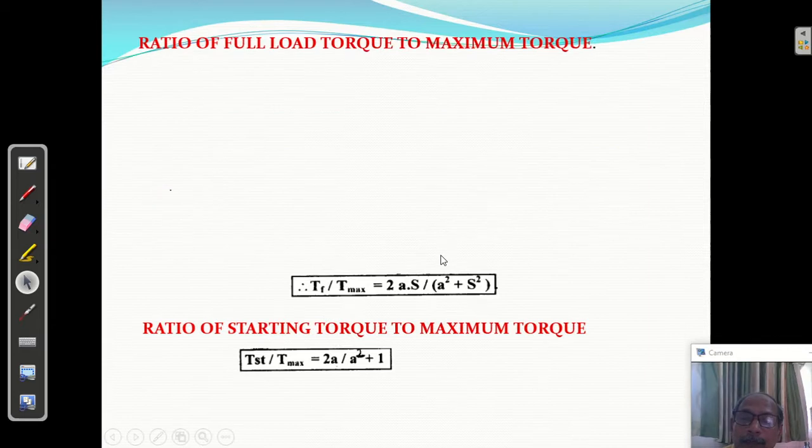So these are the things we have. Now the ratio of full load torque to the maximum torque, I am going to discuss this part also. Ratio of maximum torque to the full load torque. Ratio of full load torque to the maximum torque. I am going to discuss this.